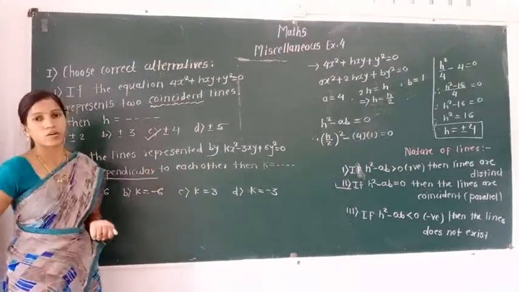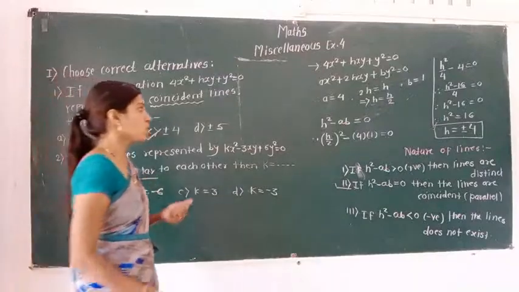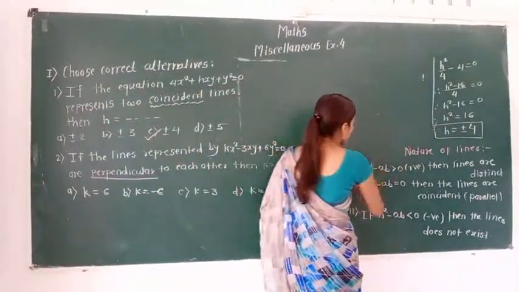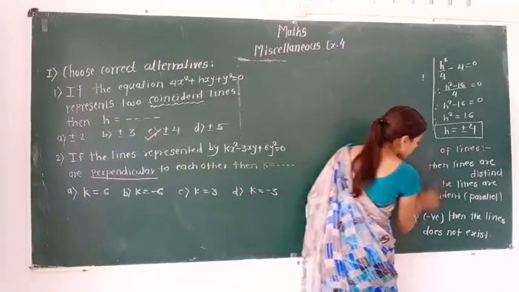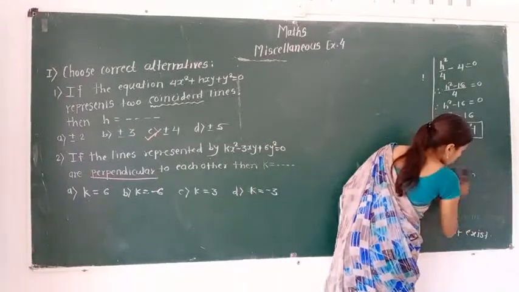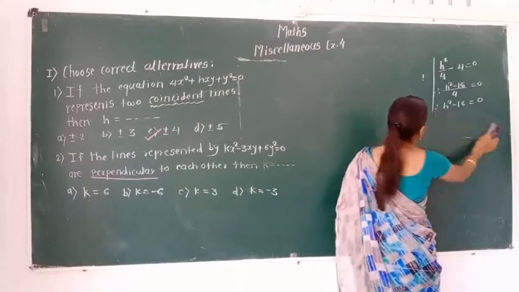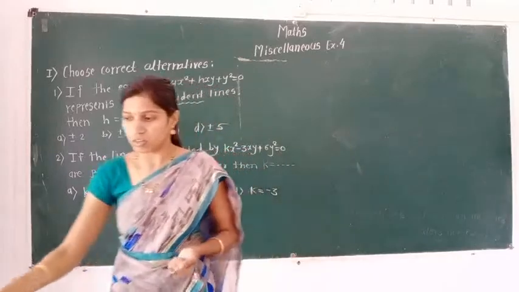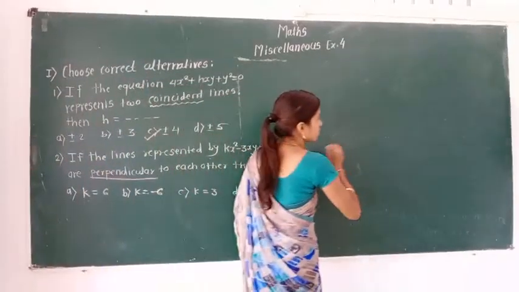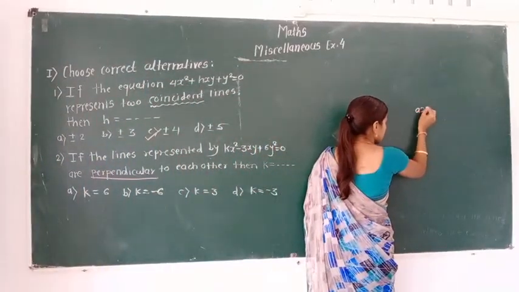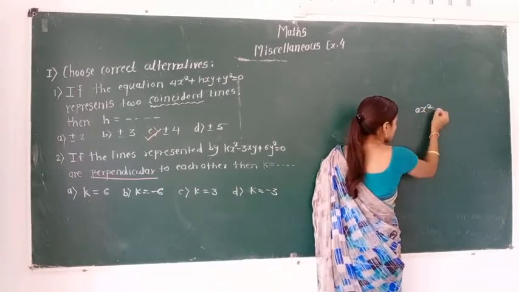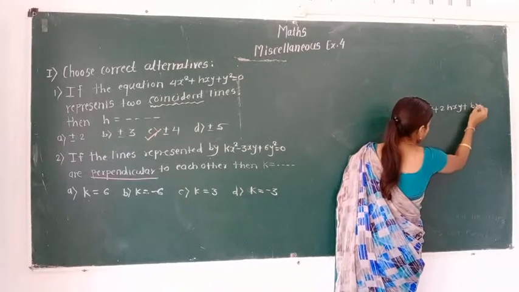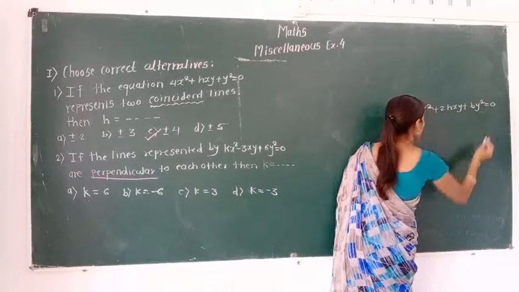They are perpendicular to each other, and we have to learn the condition of parallel and perpendicular lines of the standard homogeneous second degree equation. Let's see first the conditions. The standard equation is ax square plus 2hxy plus by square is equal to 0.